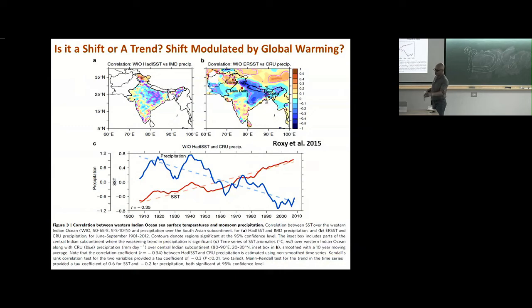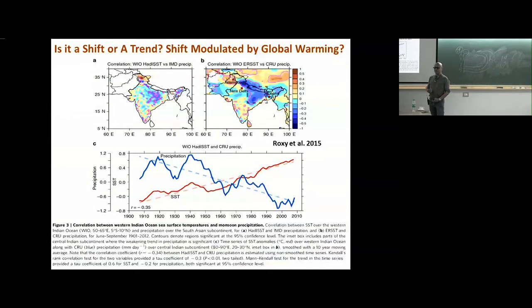What should happen with global warming? What do you expect? More water could potentially be held in the atmosphere. Yeah, there was a very logical reason. Aerosols are one, but this is not. Why not?